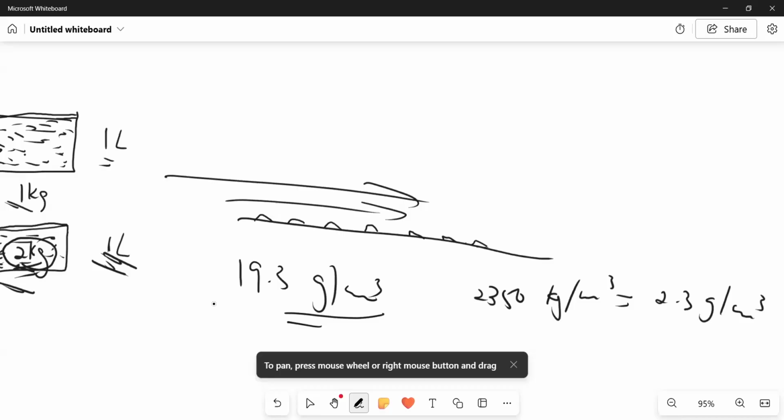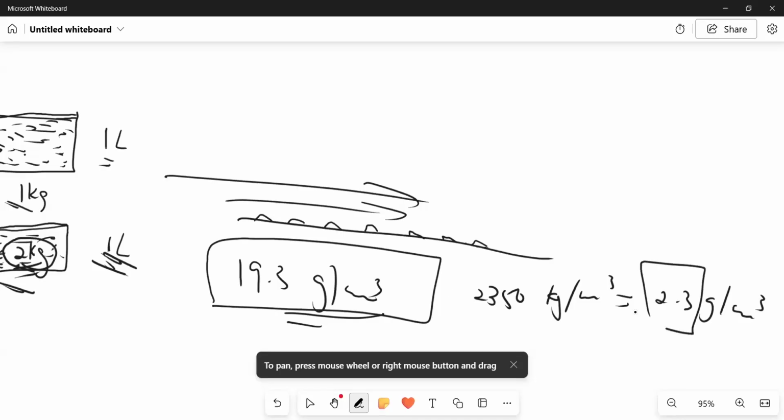So notice how much denser gold is than clay. You all see that? 19.3 and this is 2.3. Something you should pick up from the conversation here is that a denser object tends to sink in water because it's heavier.